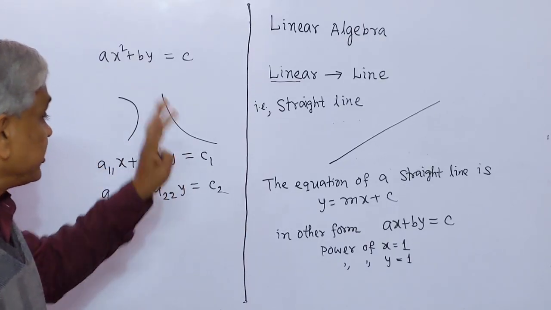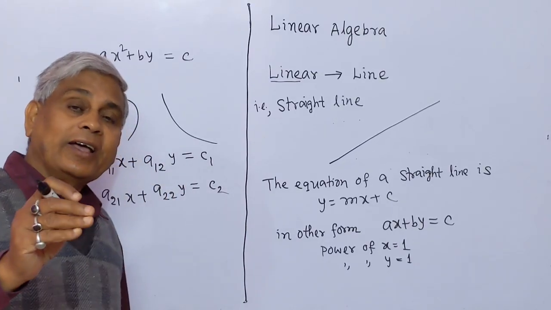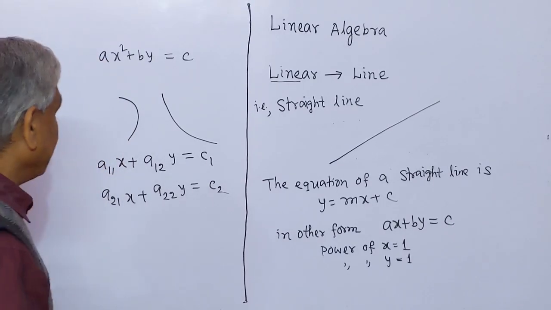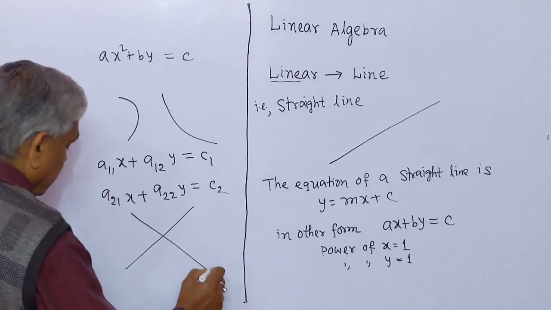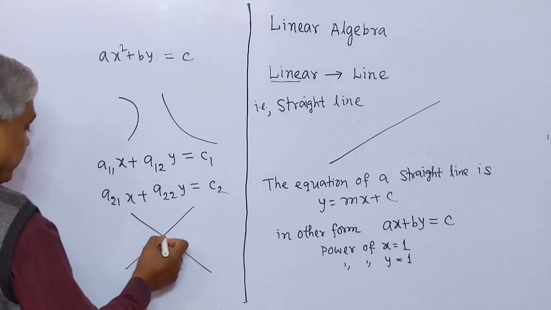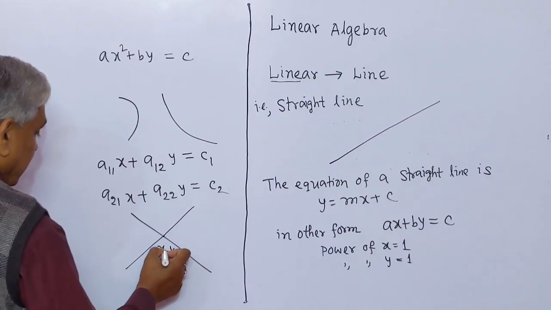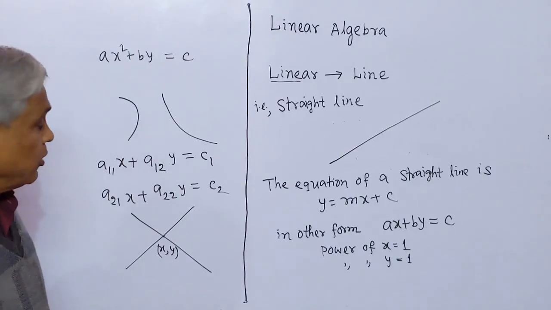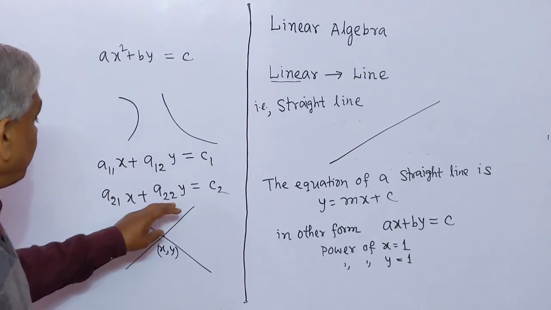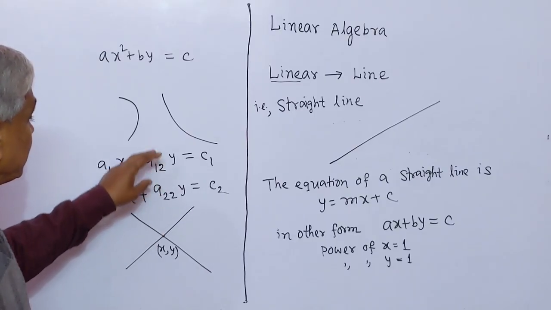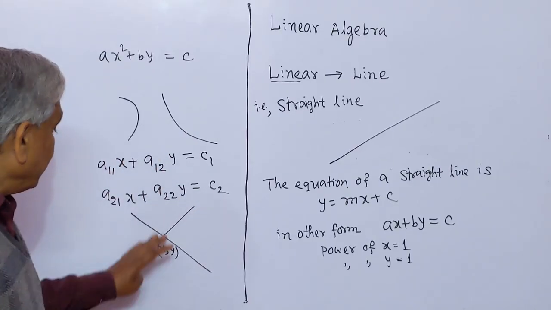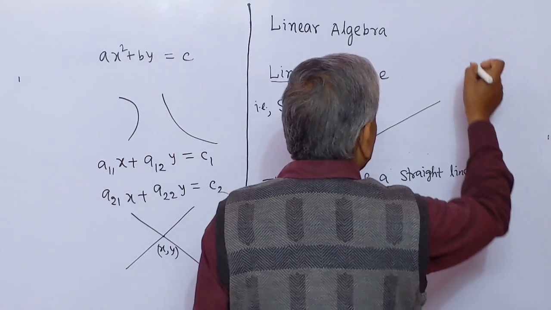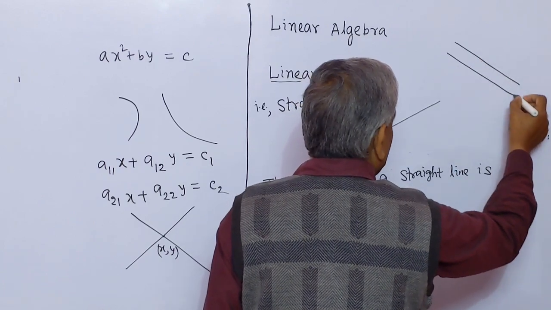So these two straight lines may either intersect or not intersect. If they intersect, then we get a common point, a value of xy. This ordered pair xy will be the common value of the variables x and y for these two equations. And if they do not intersect, then they will be parallel in the xy plane.